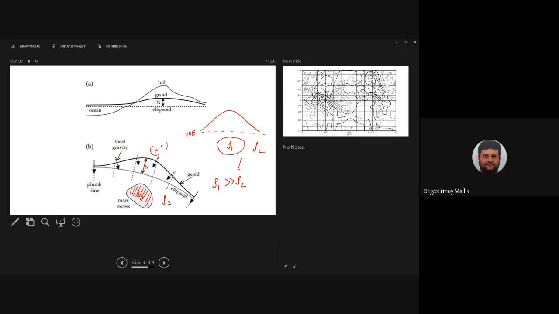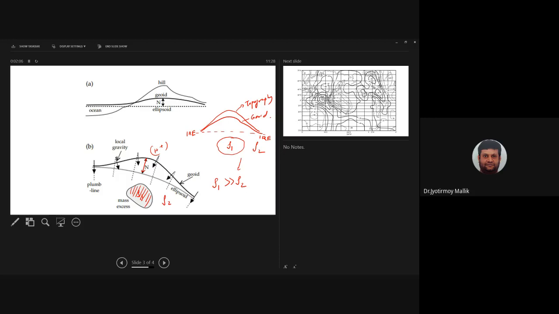Okay. Now the geoid, so this is my IRE, this is the topography. So my geoid will of course be pushed up, right? Geoid.